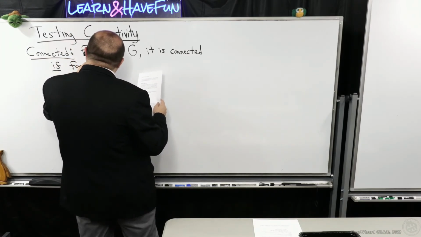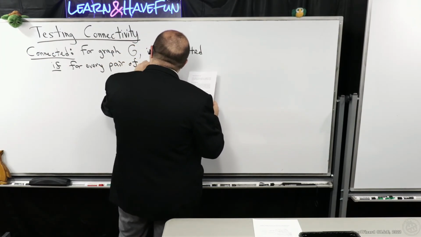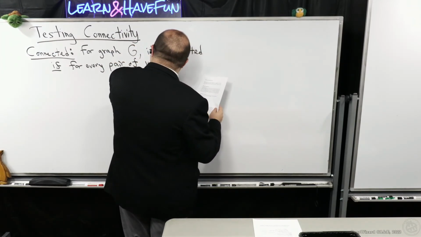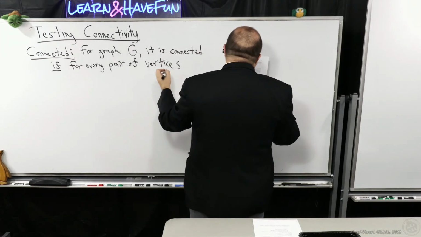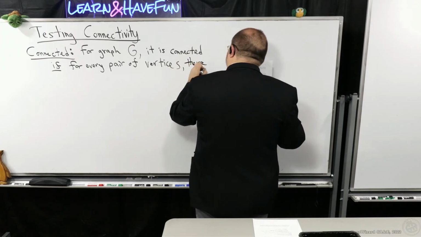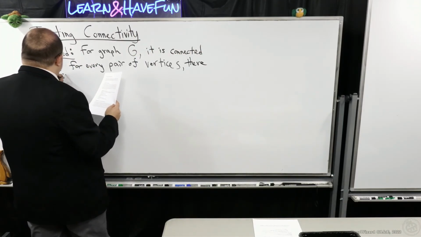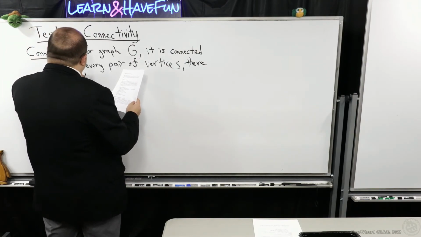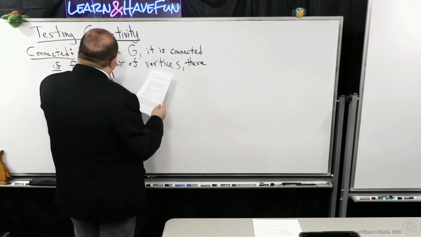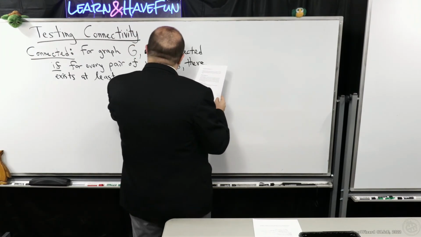For every pair of vertices, any one of those vertices in that graph, there has to exist a path between them. There exists at least one path from U to V.